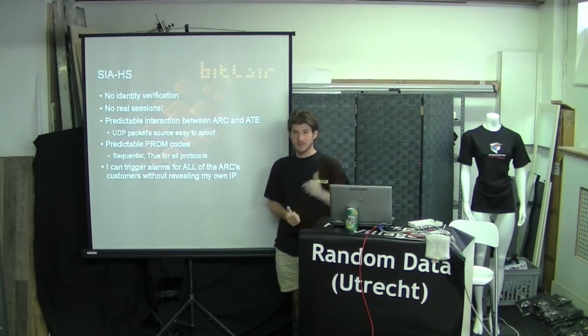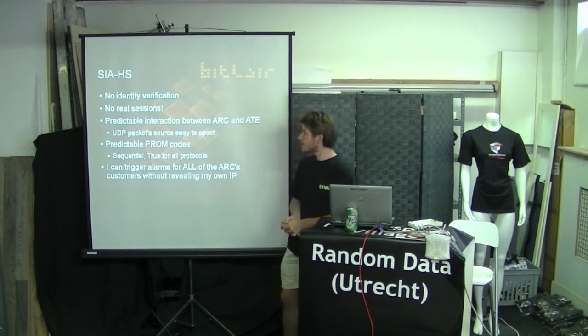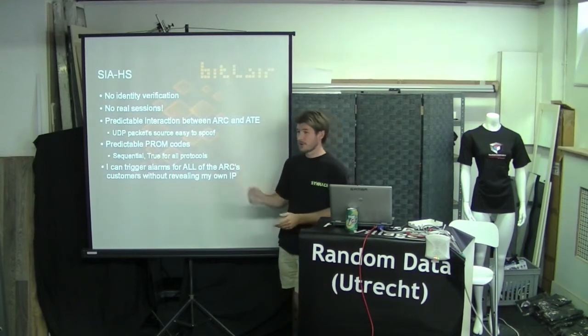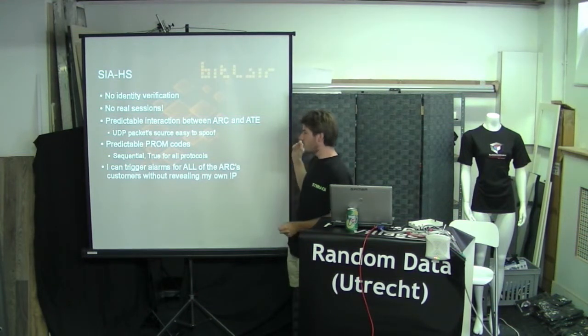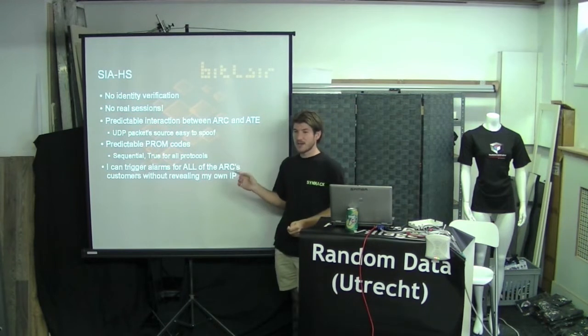The range is between 1 and 9,999. So it's sequential, which is true for all protocols which involve IP dialing. But with CIHS, I can trigger a burglary alarm for all the ARC's customers without ever revealing my own address.